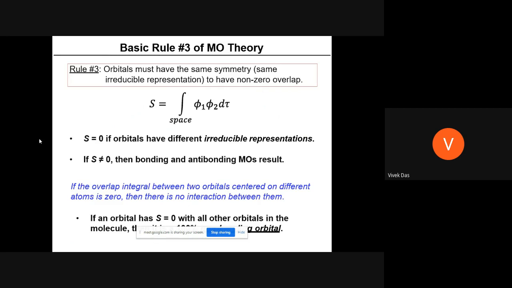Hello, I have a question. In group theory, we determine the irreducible representation of the symmetry elements. Here, what are the elements? They are orbitals.